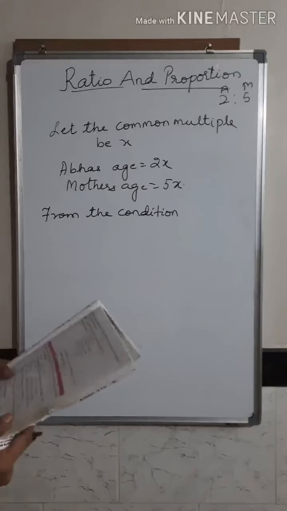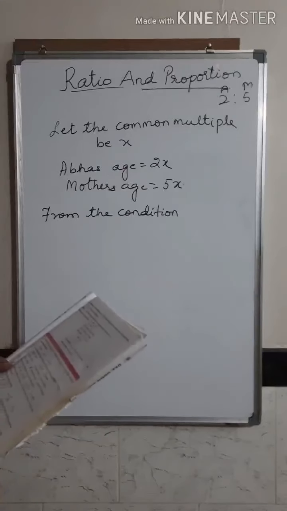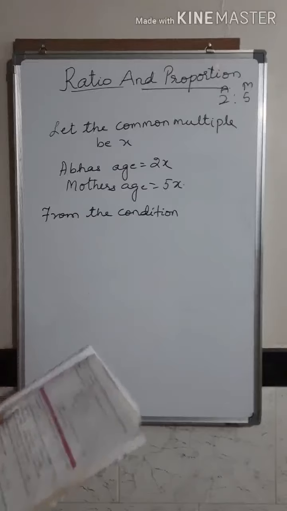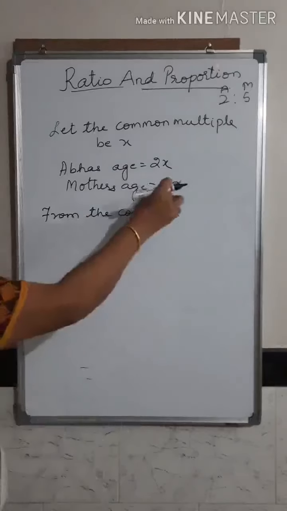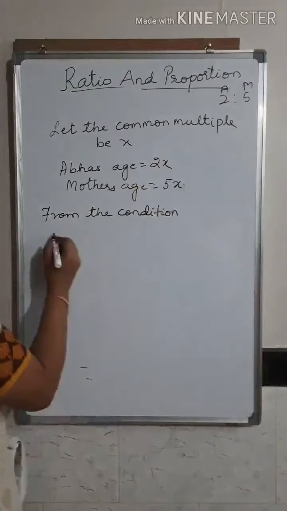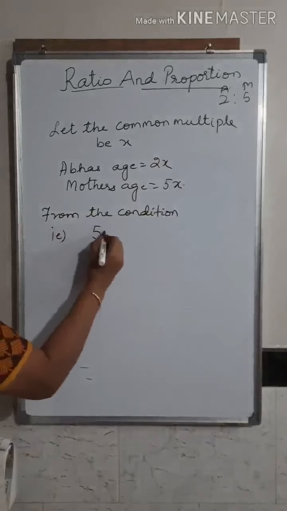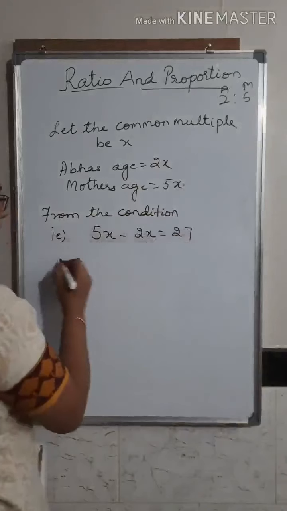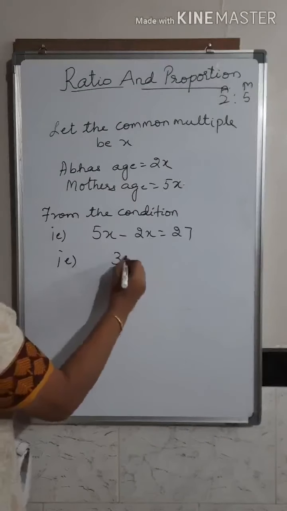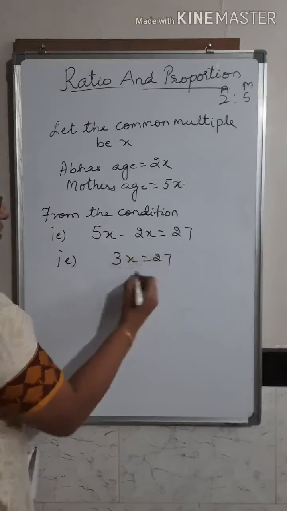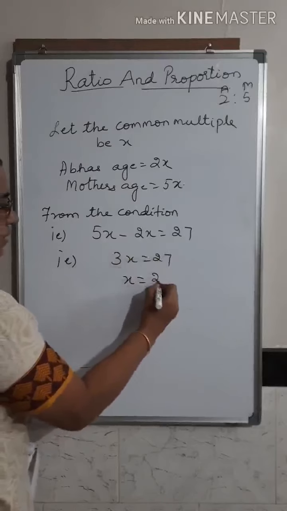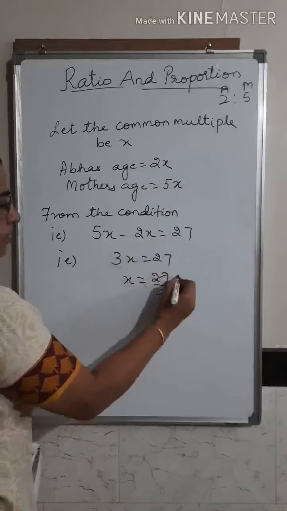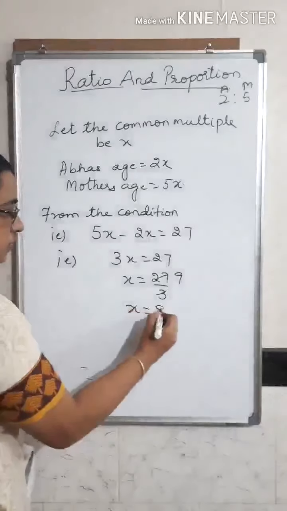The condition given is, at the time of Abba's birth, mother's age was 27 years. So when you subtract these two, the difference will be equal to 27 years. So you get 5x minus 2x is equal to 27. So you get here 3x is equal to 27, or x is equal to 27 upon 3. So you got x is equal to 9.